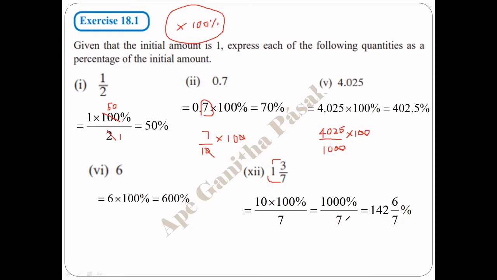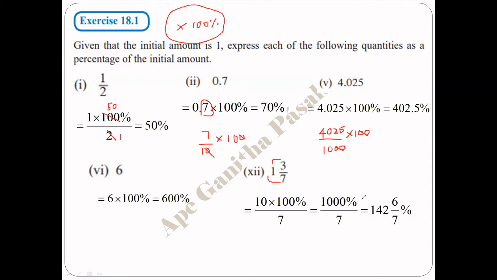Using the long division method, divide 1000 by 7. If you divide 1000 by 7, you will get 142 as the answer. Let's check. You can't cut here because exactly you can't divide by 7. 7 into 10, 7, then 3 and 0 means 30. 7 into 30, 28, then 2 and 0 means 20. 7 into 20, 14, 6 remain.